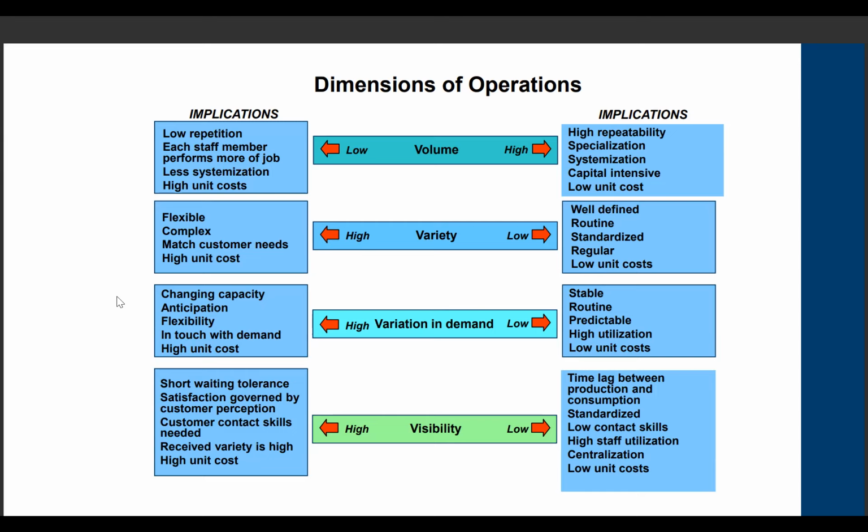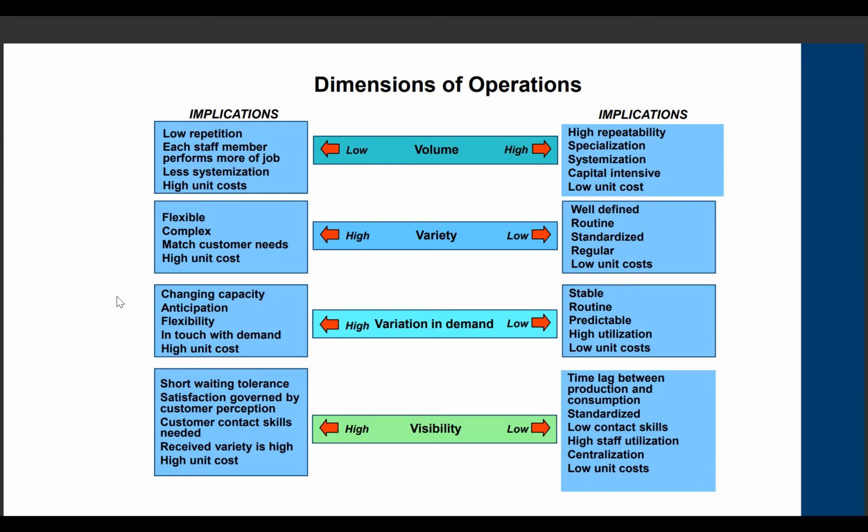So the process is complex, but it's flexible. If a person doesn't like peanuts, then he or she can choose the raisin one. So the operation is flexible, but it's complex, and it matches customer needs. That's what I told before. If a person doesn't like raisins, then the person can choose cashew and go with another option. But there's a high unit cost, because chocolate to chocolate, it differs.